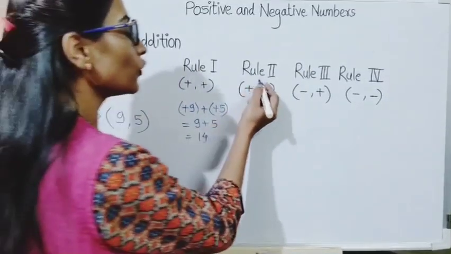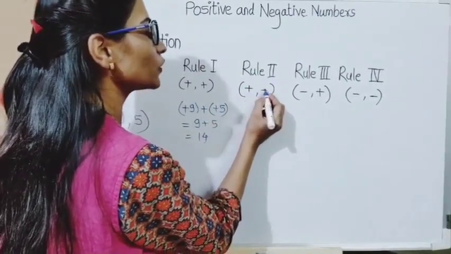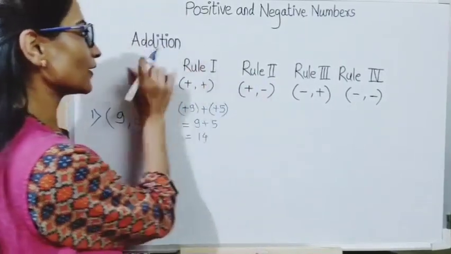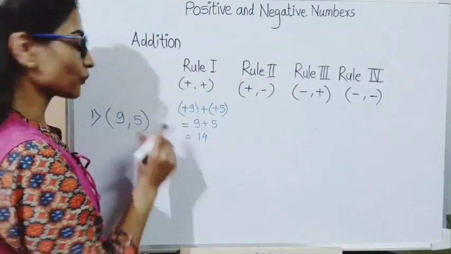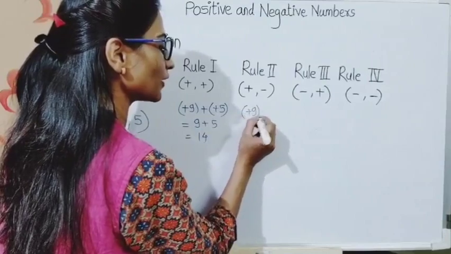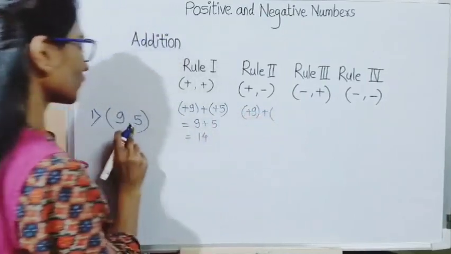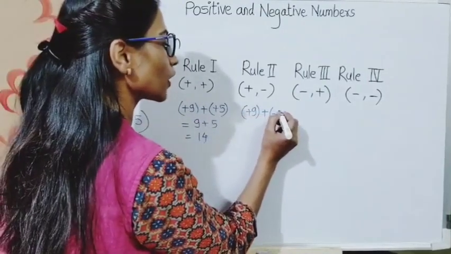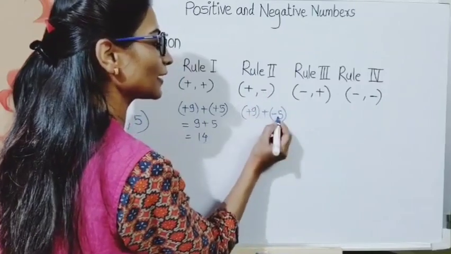Now for rule second, the first number is positive and the second number is negative, and then we have to add them together. So the first number is plus 9, meaning positive 9, and the second number is negative 5. According to the rule we have to take the second number negative.